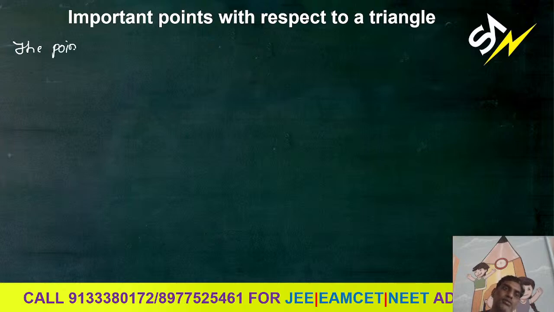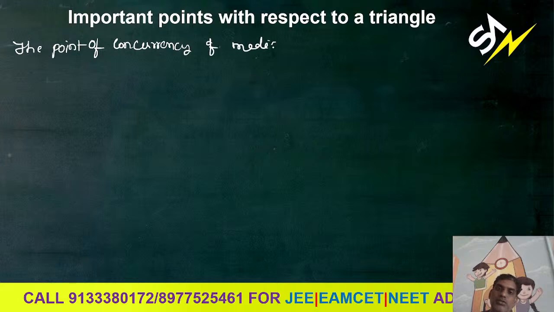The point of concurrency of medians is called the centroid. Here the centroid is denoted by small g.